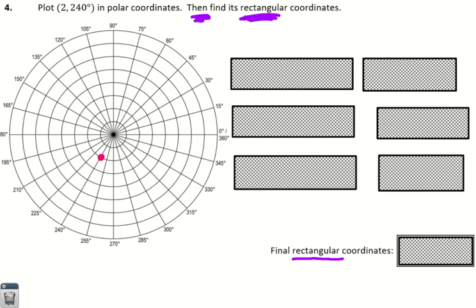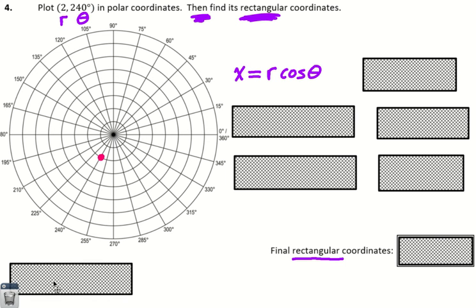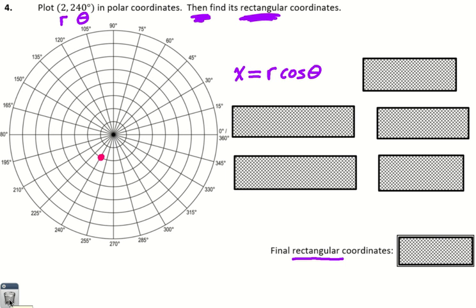So what are we going to do to change? Let's see here. My r equals 2 and my theta is 240. I'm going to find x by doing this equation: x equals r cosine theta.